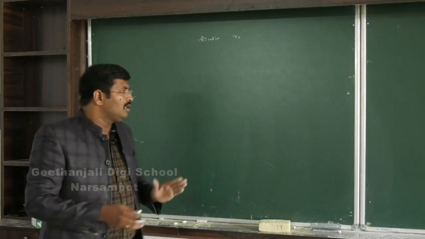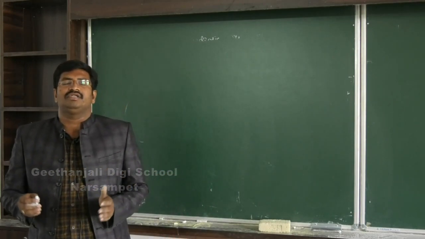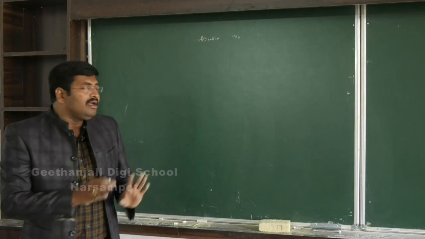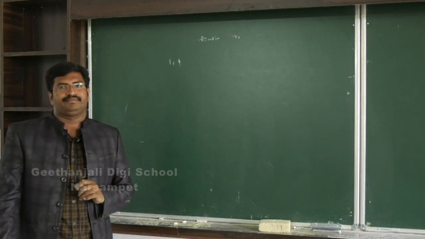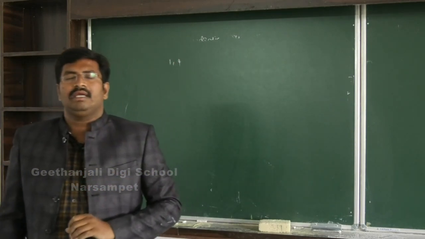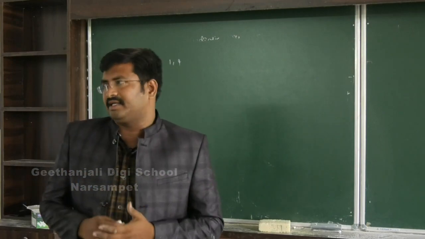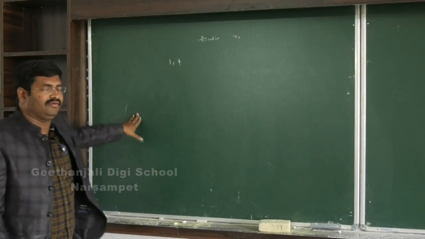For example, previously if x square minus 5x plus 6 is equal to 0, then we found the roots of the quadratic equation, 2 and 3. In this question you know only the roots of the quadratic equation. How to find the quadratic equation if you know the roots?